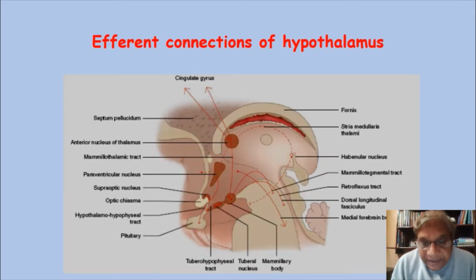So this diagram shows the different connections of the hypothalamus, and some of the major connections are shown in this diagram, not all connections. So let us see which are those major efferent connections. We are talking of the efferent connections.